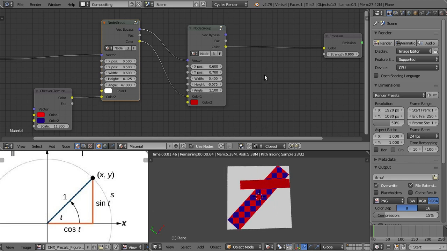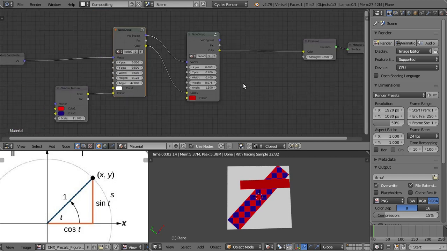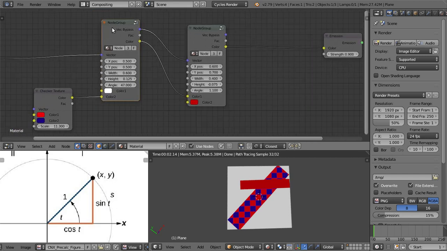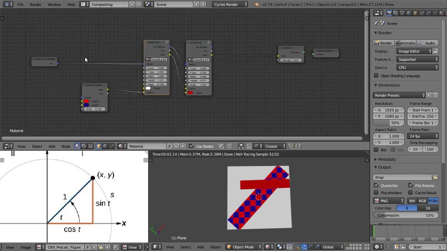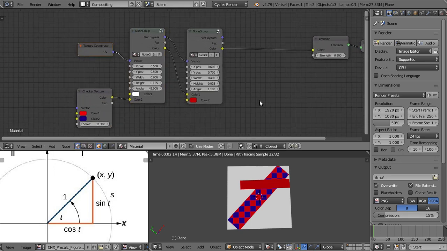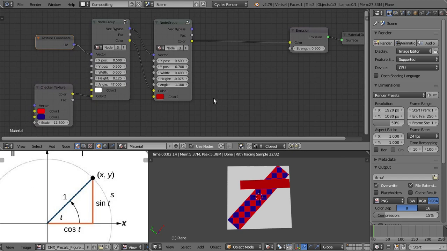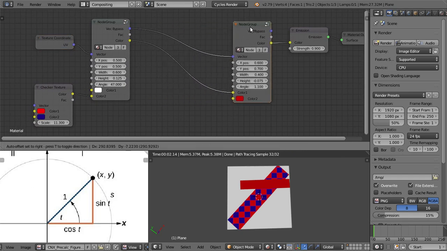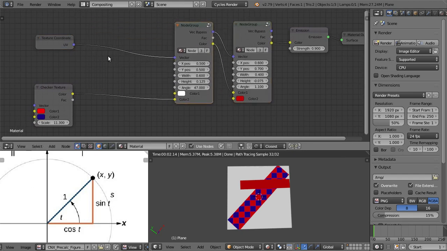You can make like country flags and stuff like that. That was one of the things I did on Blender Artists. Just as a funny thing, made different flags and stuff just using procedural textures, just to show what can be done.